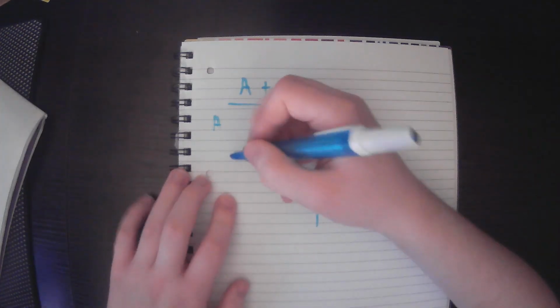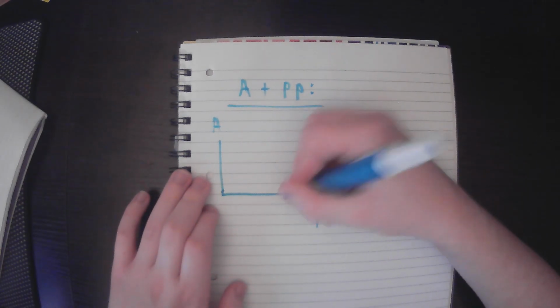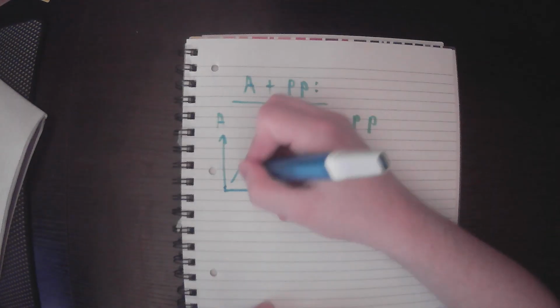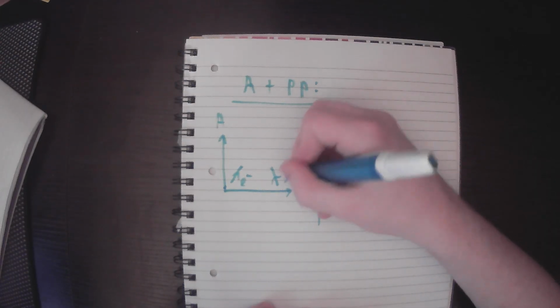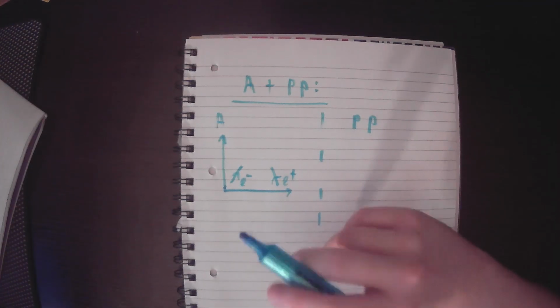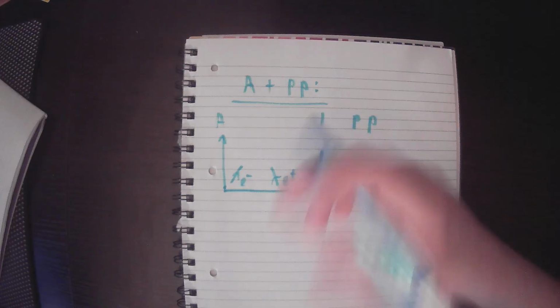So annihilation, again, it follows the same thing for any particle-antiparticle pair. So we're just going to choose electron and positron. Now, interestingly, this one won't have a boson in the middle.